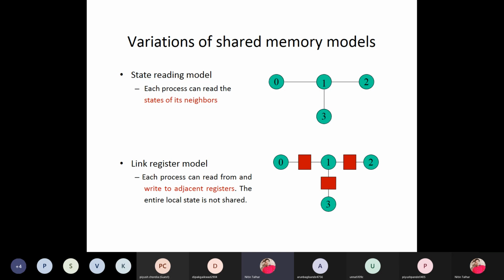So this particular model is more secure, you can say. But in model number 1, where there is only one memory shared with all the 4, they are sharing the state of their neighbors.